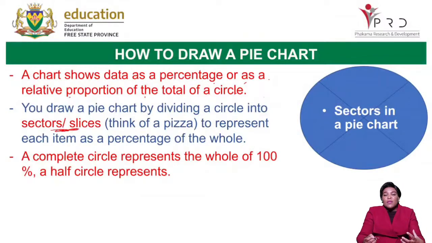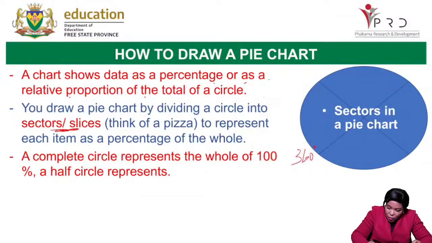So you must make sure that whatever data you have, you convert it to fit into a circle, because a circle, you know, is 360 degrees. Degrees, not Celsius, just degrees. You must then convert everything to 360 into angles. Then you will be able to plot them.